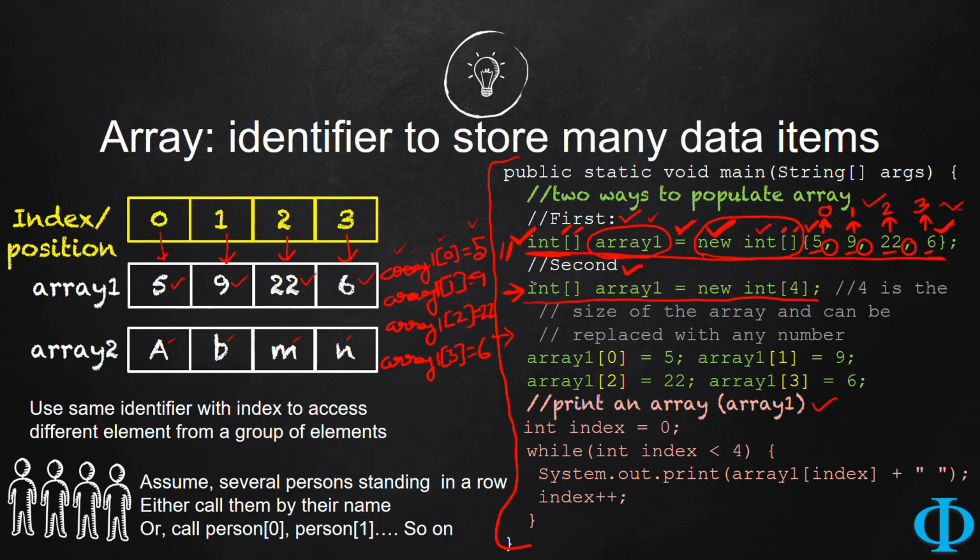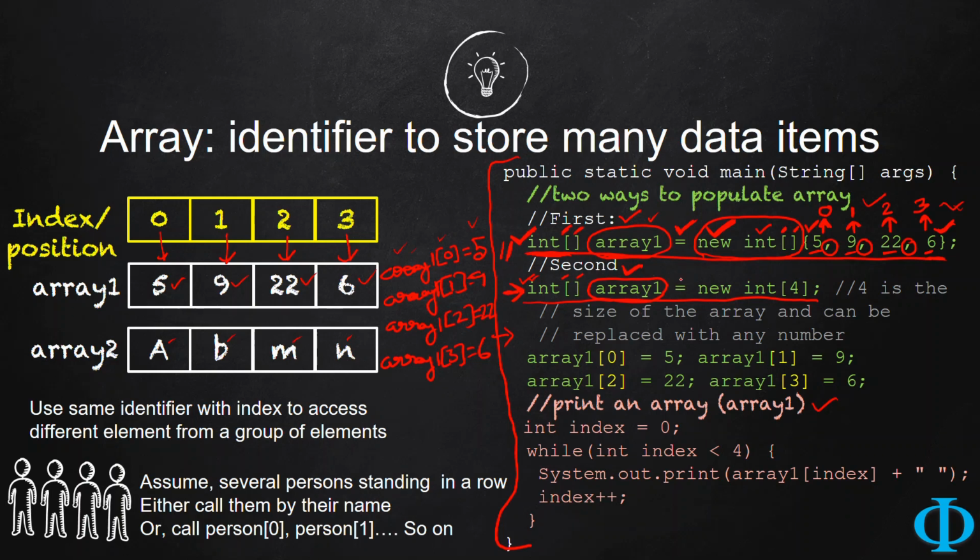First, of course, you have to specify the data type, that is what type of element you want to store in the array, which is integer in our case. Then followed by the opening and closing box bracket, which is actually saying the Java compiler that this is going to be an array, not a normal variable, just as before. Then again, just as before, you have to specify the name of the array, which is array 1 in our case.